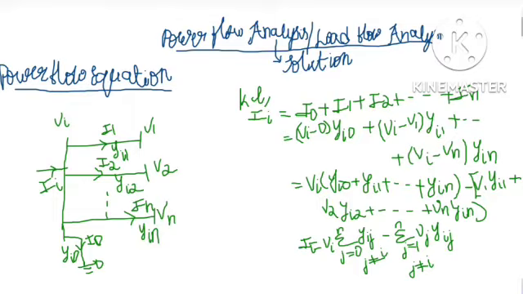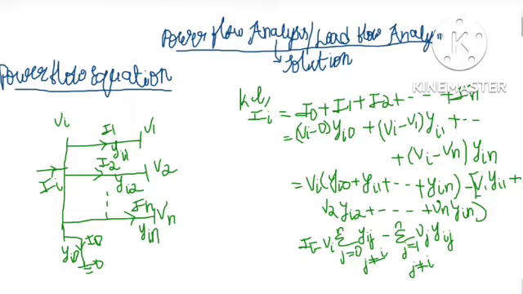If j is equal to i, it will become Yii, the admittance between the ith bus and the ith bus, which is not possible. Hence, we should write j is not equal to i.